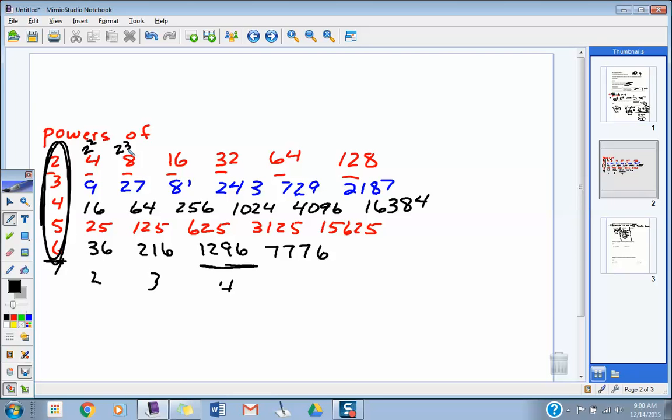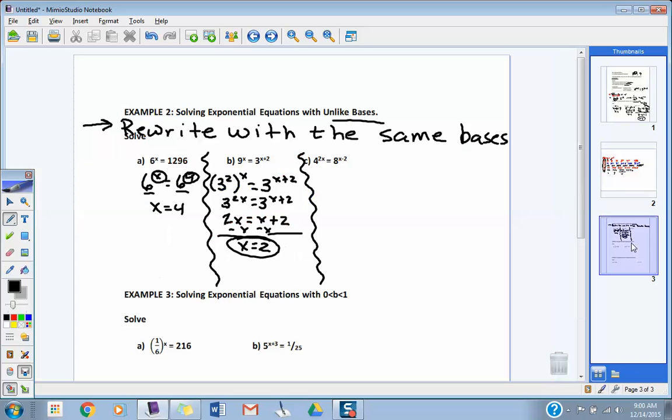Okay, so I said, hey, we have unlike bases. I ran to my chart and said, find me a row where 4 and 8 exist. We found them. It's a base of 2. We said we were going to rewrite this 4 as 2 to what power? That is 2 to the second. But what was the original exponent up here with this 4?